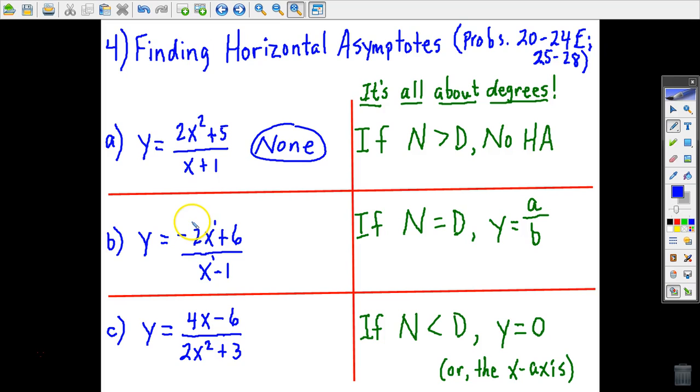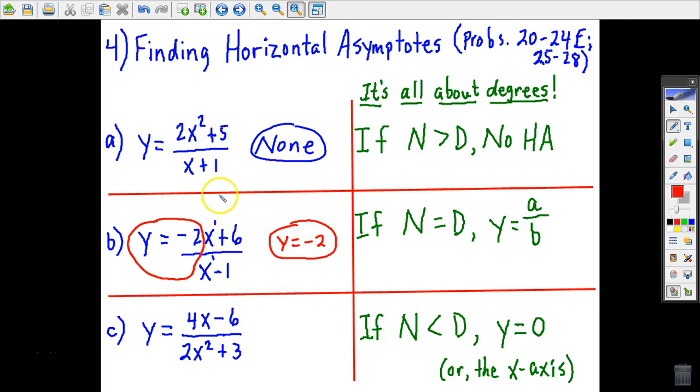Think of a as the lead coefficient of the numerator, in this case -2. And think of b as the lead coefficient of the denominator, which is 1. So you can think of your horizontal asymptote being made by this fraction, y equals -2 over 1, which is another way of saying y is -2.